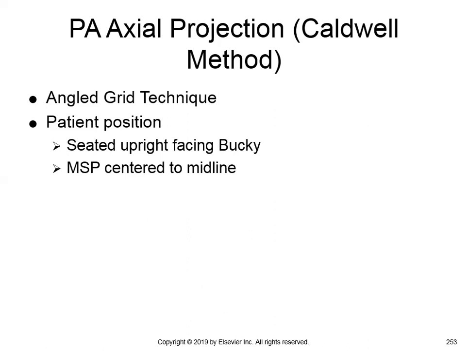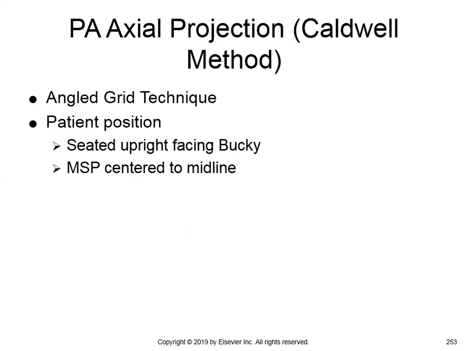So the two variations of positions we've talked about before that are specific to sinuses involve visualization of specific sinuses while maintaining a horizontal central ray. And this is the first one.